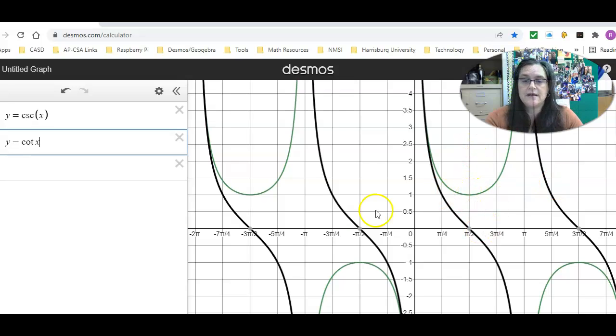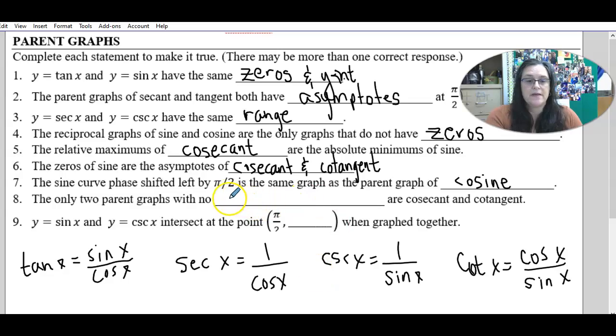And the cosecant and the cotangent do not have a y-intercept, right? All of our other parent graphs have y-intercepts except these 2, because these 2 have a vertical asymptote along the y-axis. So we have no y-intercept for cotangent and cosecant.